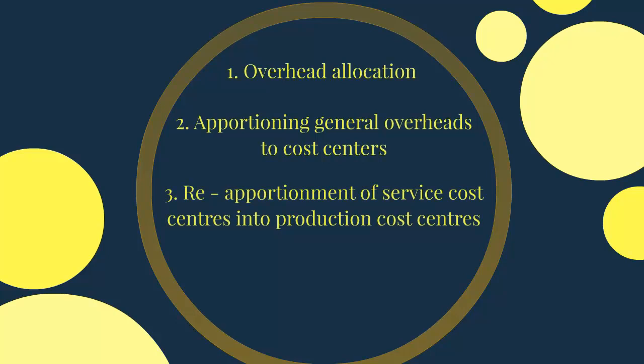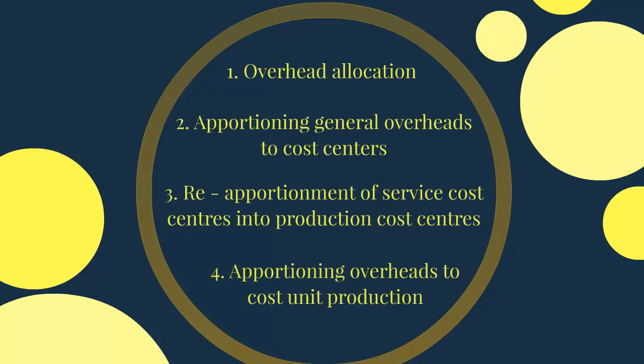And once we have applied these various costs to the various cost centers, we then need to take the costs associated with the service cost centers, so these are ones not directly related to production, and reapply them into the ones that are purely based on production. And then the final stage is to apportion those total overhead costs that we've calculated to each individual unit.